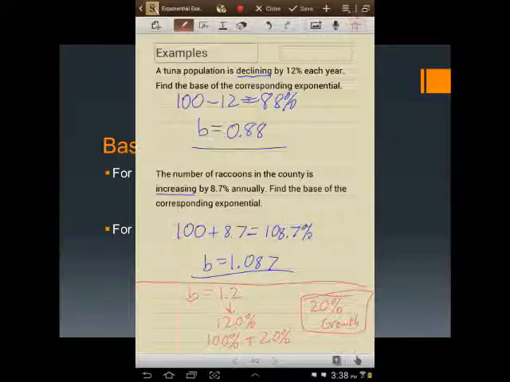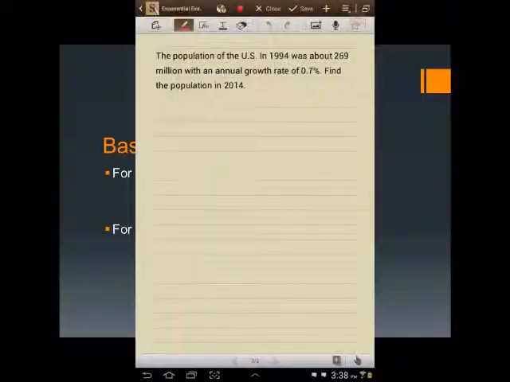All right, let's kind of wrap all this up into one neat problem to do. Population of the United States in 1994. It auto-corrected my N because it didn't understand the period was for an abbreviation. Anyway, 1994, 269 million with an annual growth rate of 0.7%.